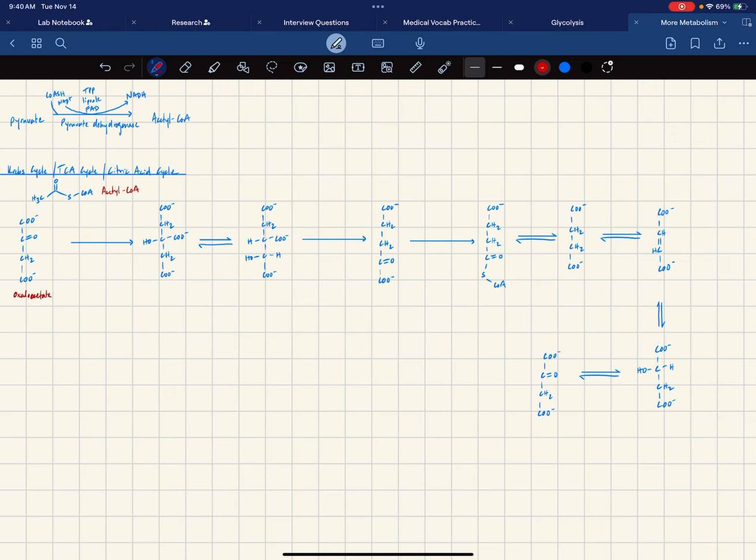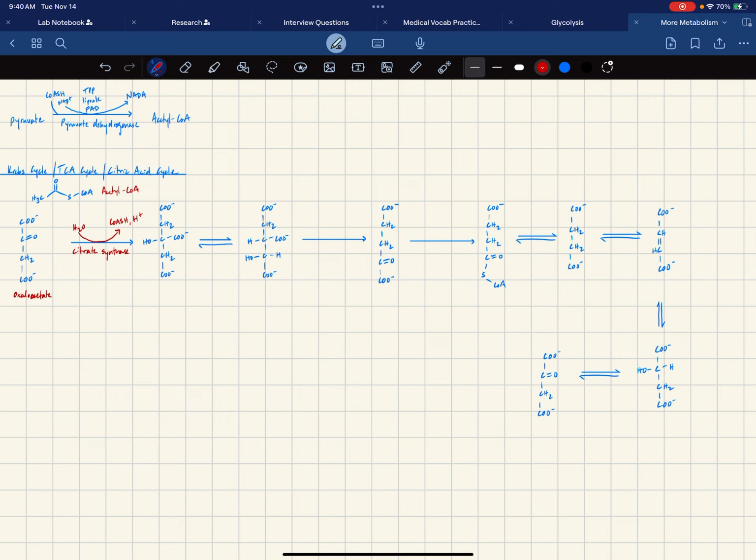So the first enzyme is called citrate synthase, and it's called that because it synthesizes citrate from acetyl-CoA and oxaloacetate. What it's going to do is take a water molecule, and we're going to release our CoA and an H+.